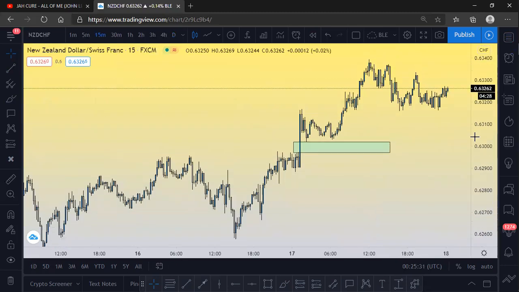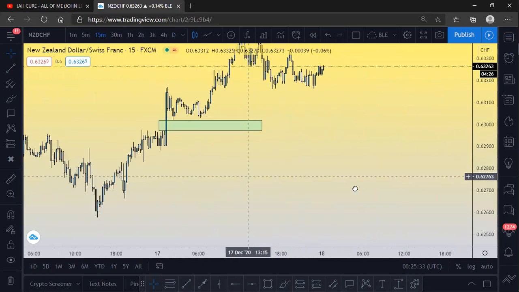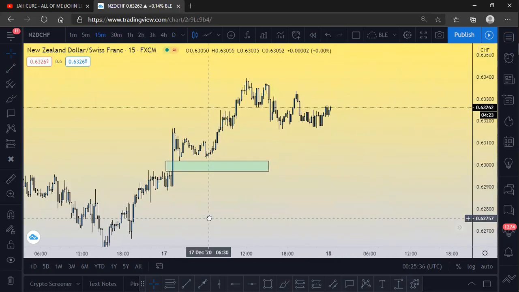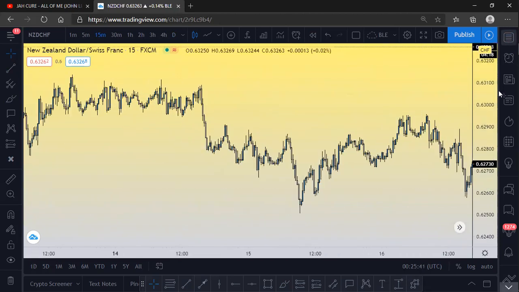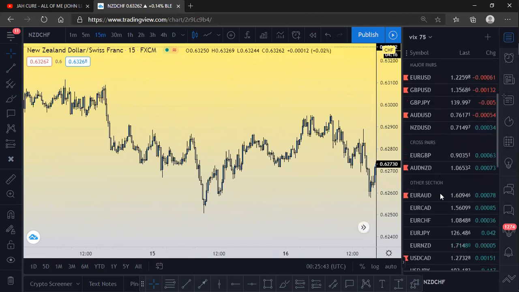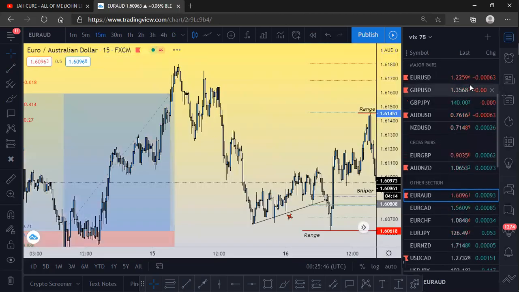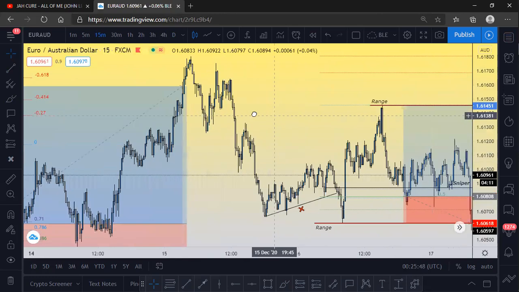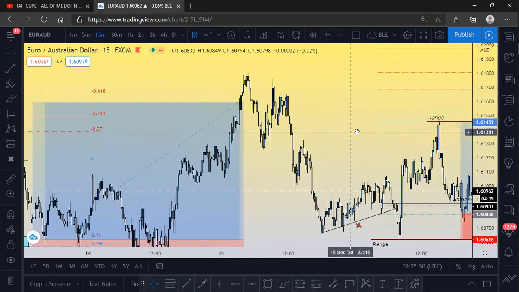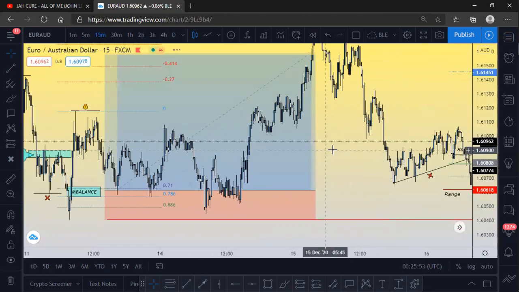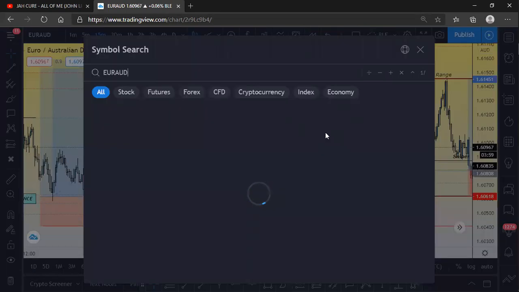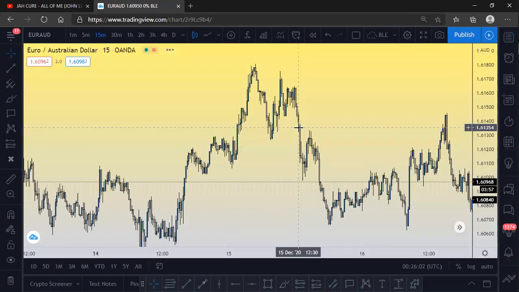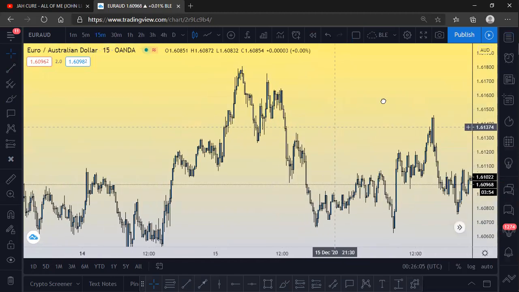So, Euro AUD, 1 hour time frame. I think this is better. I can use this to explain much better to you. But there are markups there. Let me just do something like this. I don't think I have any markups here. Very good.